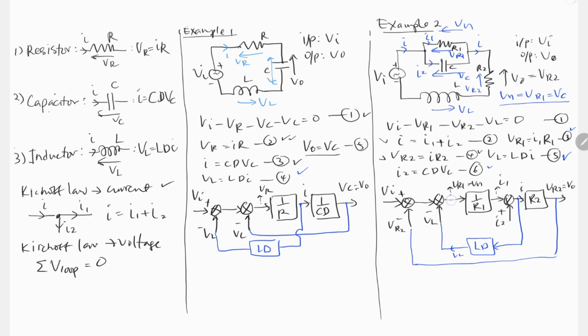This is also equal to VC. So using equation number 6, you multiply VC with C d, and the output should be I2. That is the block diagram for this system.